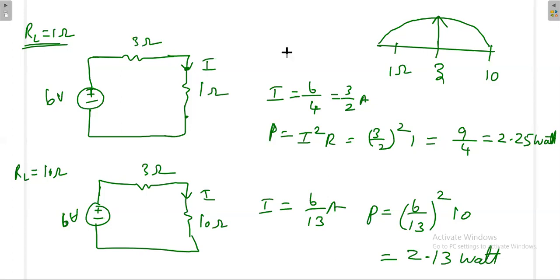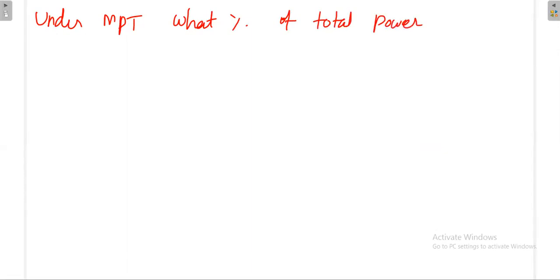Now they will ask one more question like this. Under the maximum power transfer theorem, what percentage of total power goes to the load?